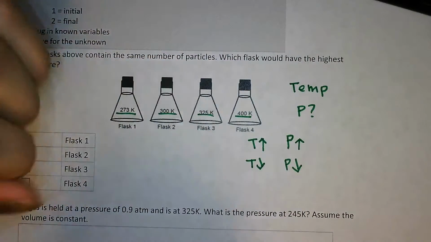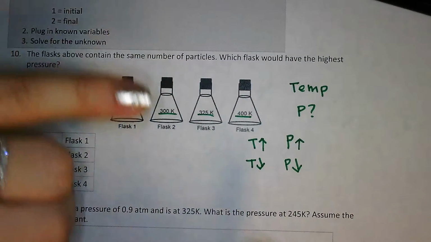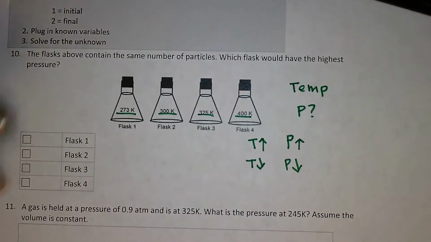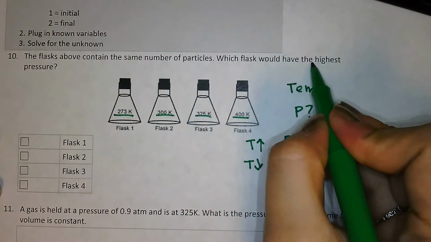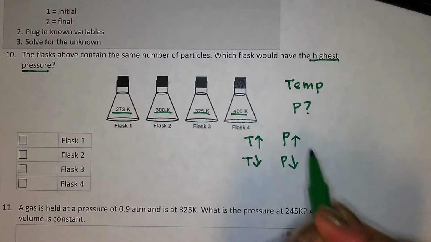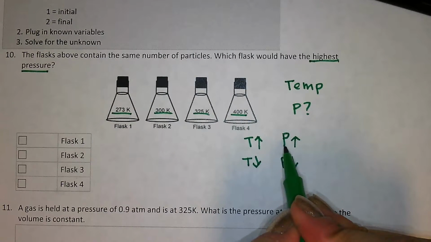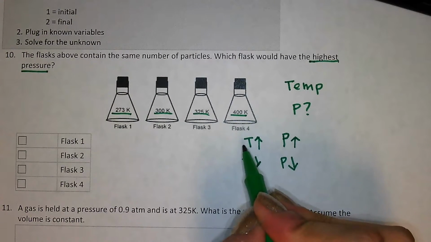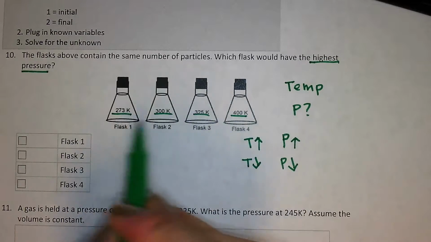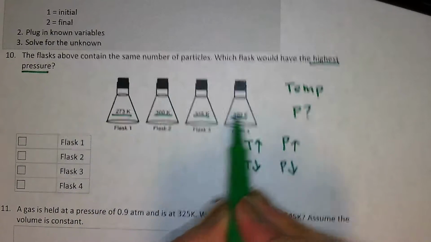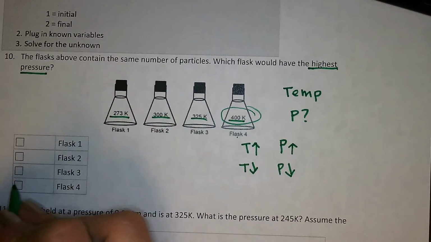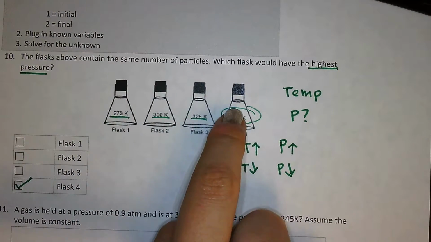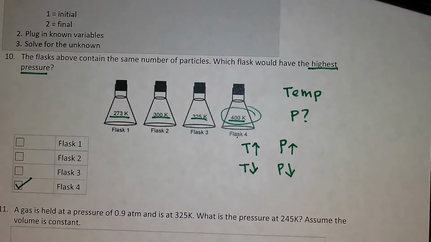If it gets colder, the particles slow down. So if they want to know the one with the highest pressure, you need the one that has the highest temperature because they are directly proportional. The highest number here is flask 4. Flask 4 has the highest temperature, therefore it has the highest pressure.